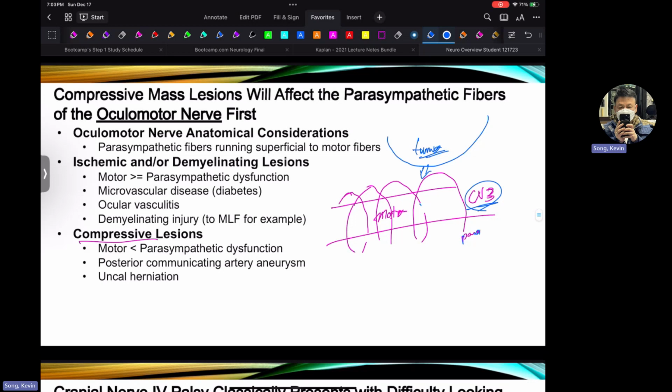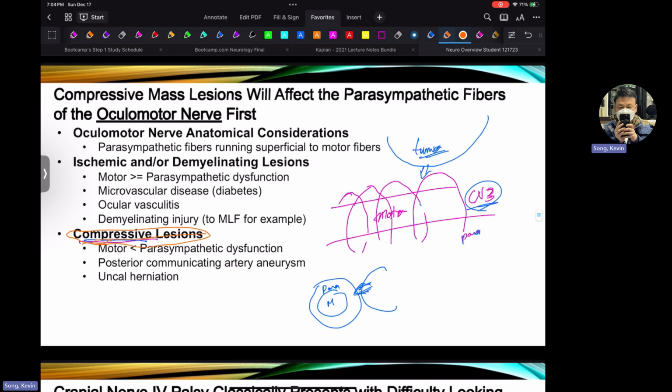They go parallel, but the parasympathetic is wrapping on the outside. If you draw it, here is the motor part, and the parasympathetic goes around like this. So if something is compressing from outside, which will be affected more? Because you are compressing from outside, the parasympathetic will be affected more. You have to know this difference: if it's compressing, the parasympathetic is affected first.